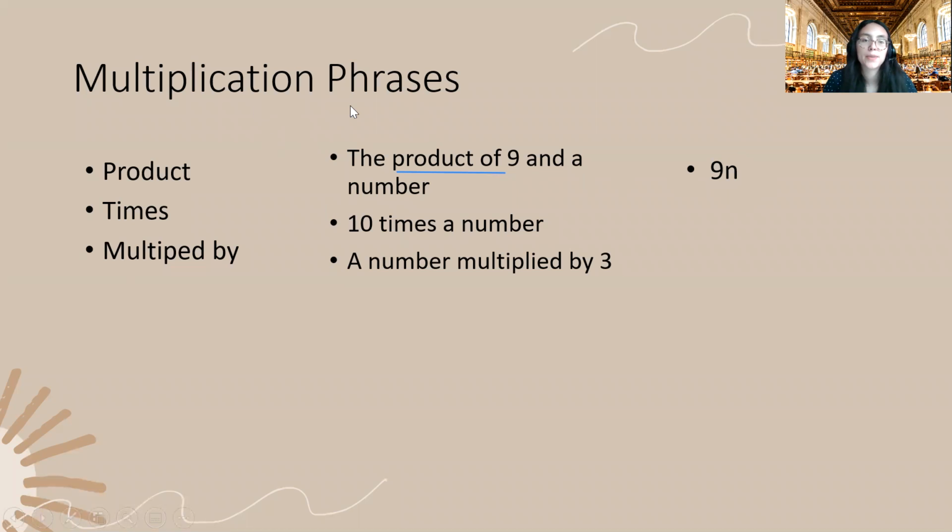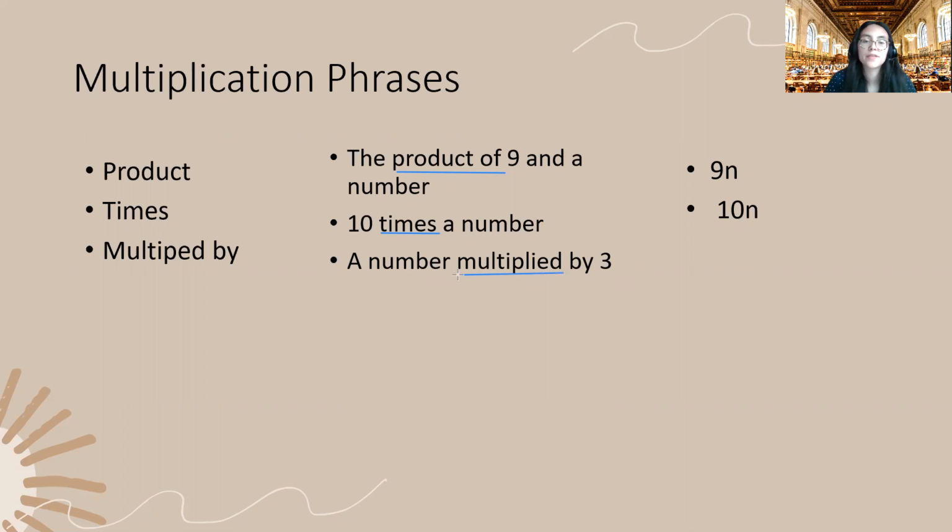For the next bullet point, we have 10 times a number, so 10, and then we have times. It tells me that it's going to be multiplication. So what are we multiplying? We're multiplying 10 and a number. So that would look like 10n. Okay. For the final bullet point, we have a number multiplied by 3.